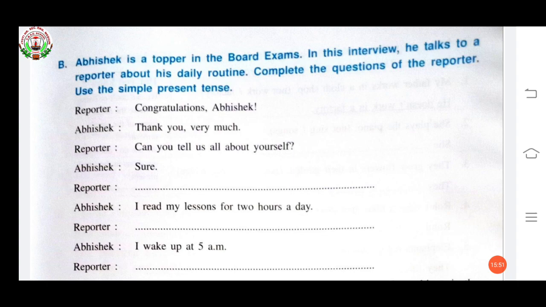In this interview, he talks to a reporter about his daily routine. Complete the questions of the reporter. Use the simple present tense. Again, they are saying to use simple present tense, means verb first form plus s or es.